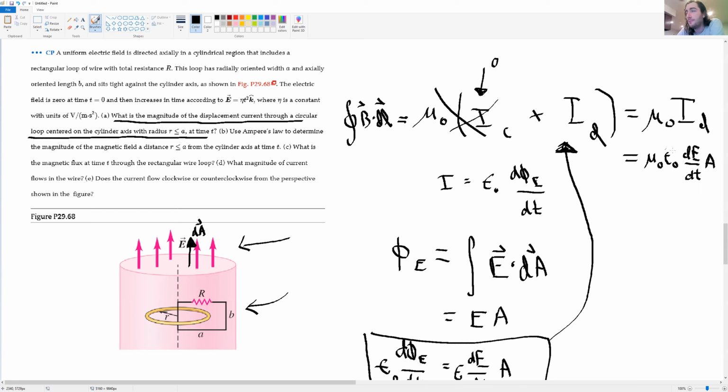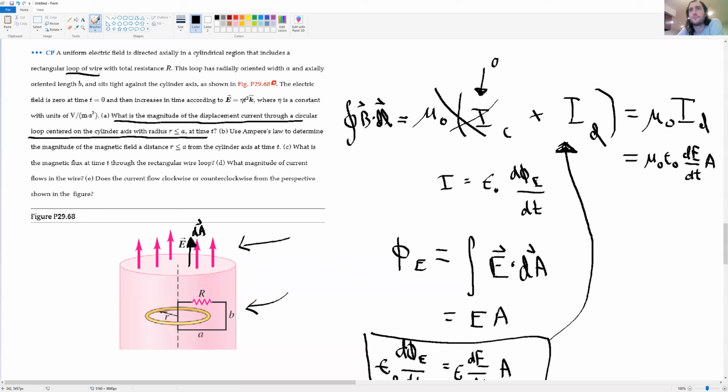Once we compute the right-hand side, then we can compute the left-hand side. We're going to choose a loop in the plane there. What do they call this? The ring here that's centered, the loop of wire in the middle.